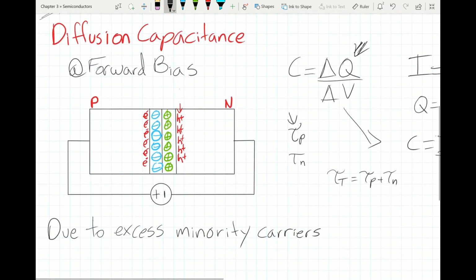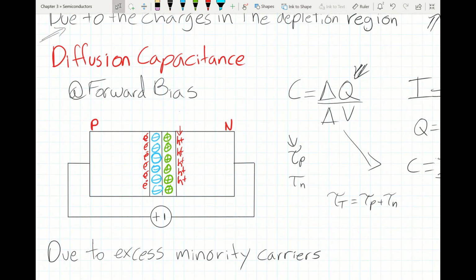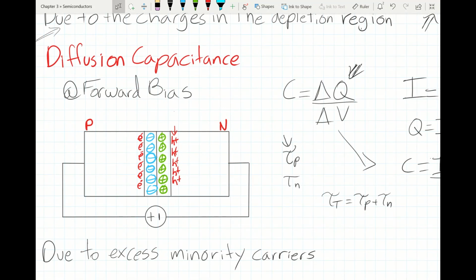So let's try to review that a little more. Diffusion capacitance is due to excess minority carriers. These minority carriers are formed when the majority carriers from one side move to the other. They become minority carriers on that side. Those charges are accumulated near the depletion region, and as they move into the N-side, they exponentially decrease.